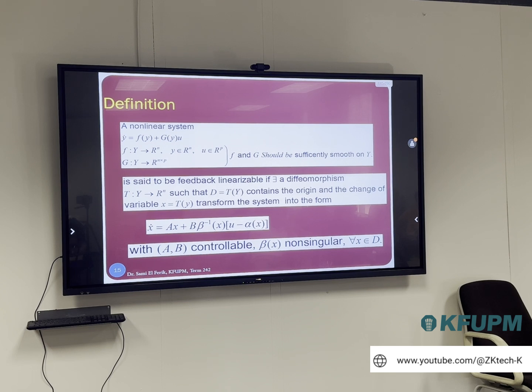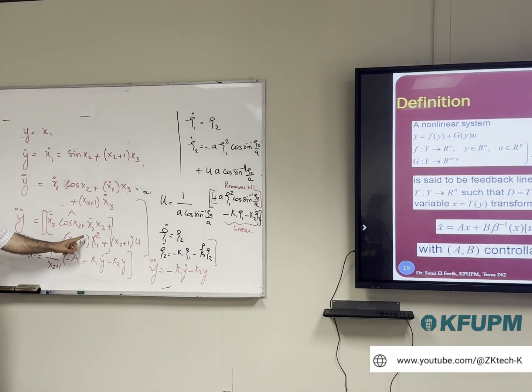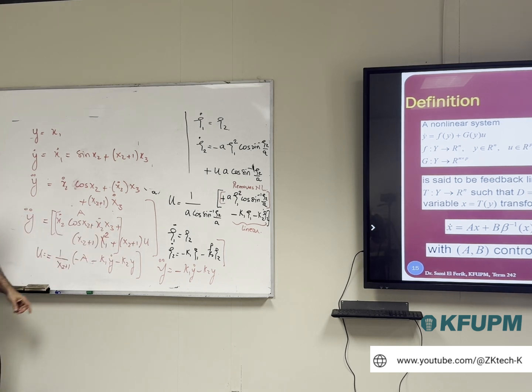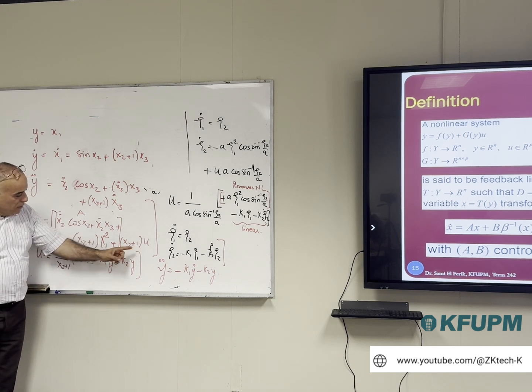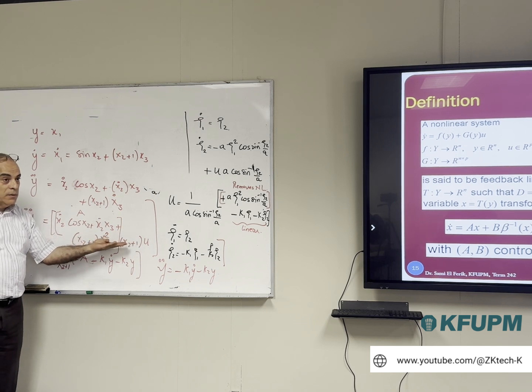All these are nonlinear terms. Right? So this is f of y in the theorem. And then you have x2 plus 1 multiplied by u. This is g of y, g of all these states that you have. So how to select u? You select u such that you take off all these nonlinearities that are appearing at the same level as u.